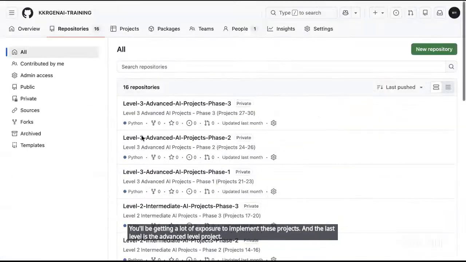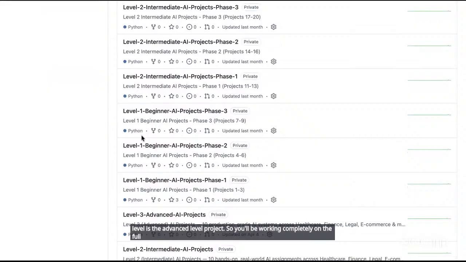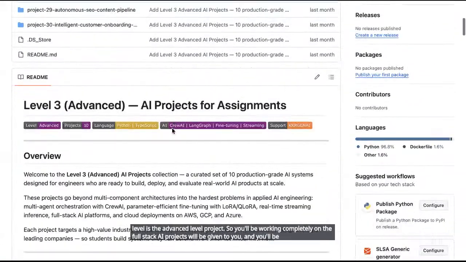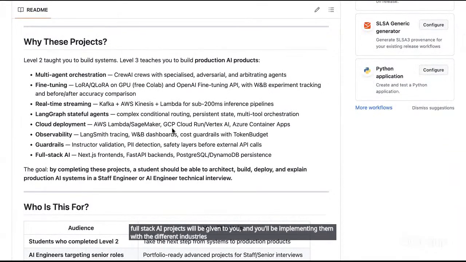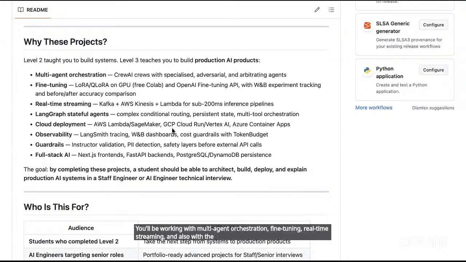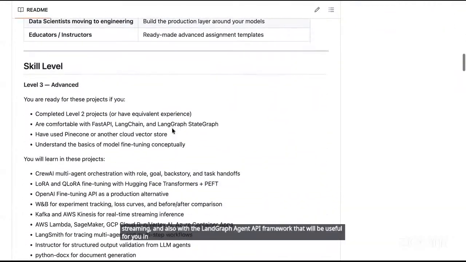You'll be working completely on full stack AI projects, and you'll be implementing them with different industries. You'll be working with multi-agent orchestration, fine-tuning, real-time streaming, and also with the LangGraph agentic AI framework that will be useful for you in the overall aspect.